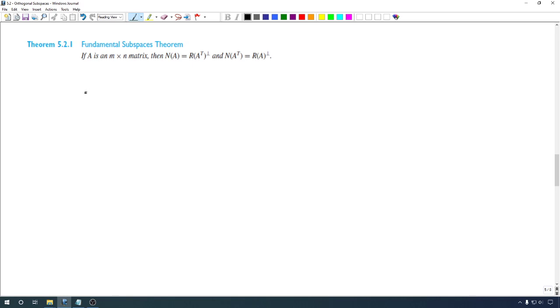The row space, R of A transpose, turns out to be the orthogonal complement of the null space. And the orthogonal complement of the column space turns out to be the null space, not of A, but of A transpose. So let's go ahead and prove this fact.